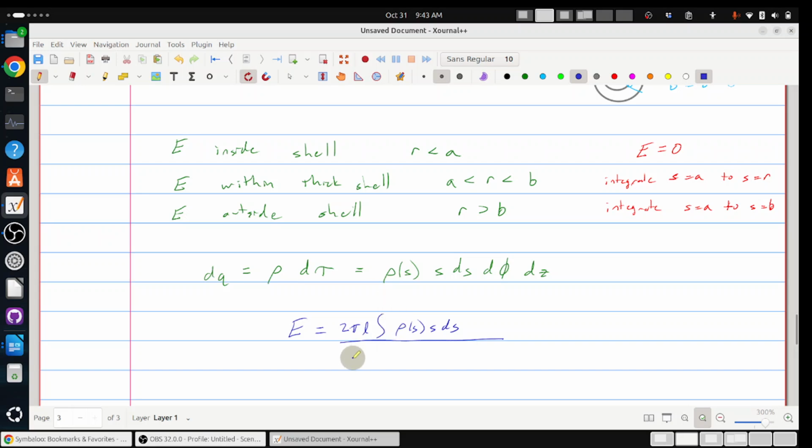And then I'm going to have my epsilon naught 2 pi r L. And it's going to simplify down to my integral of my rho s ds over epsilon naught r.